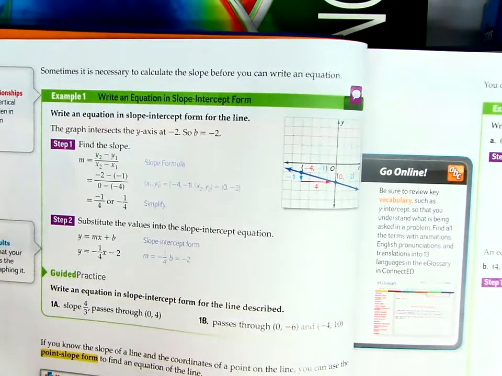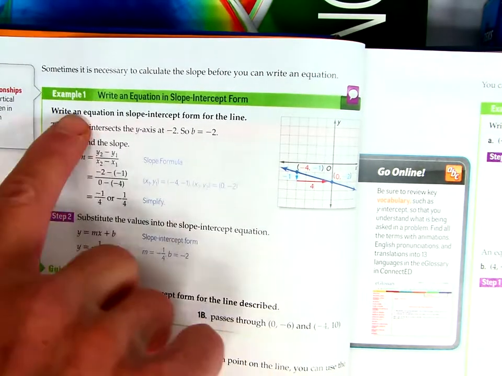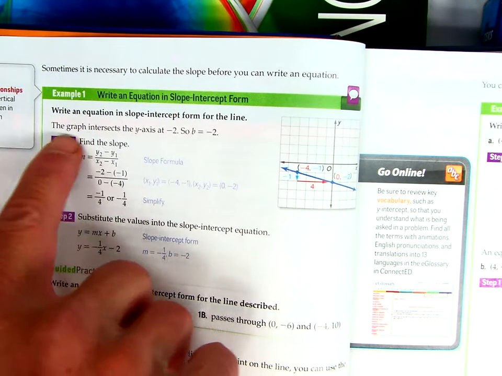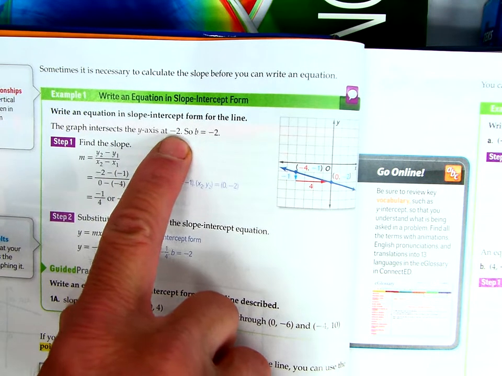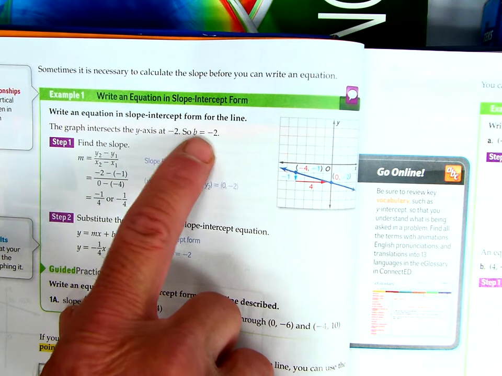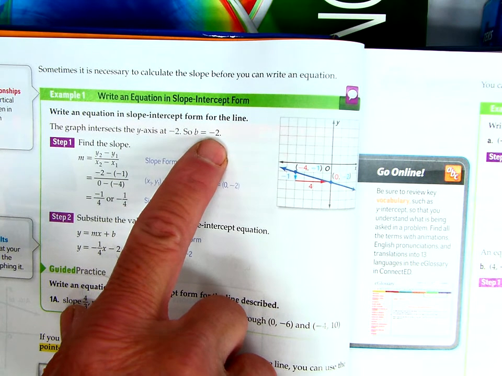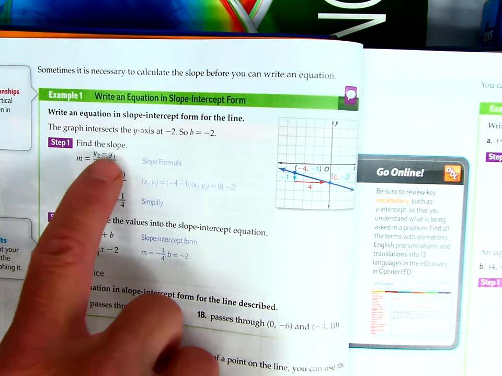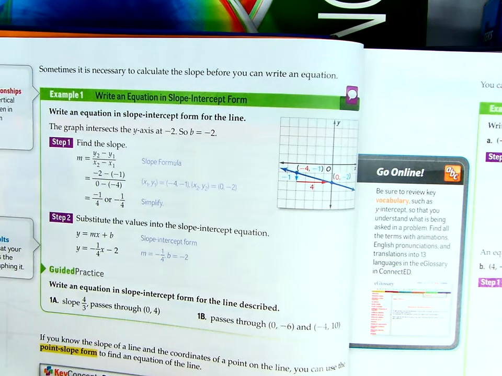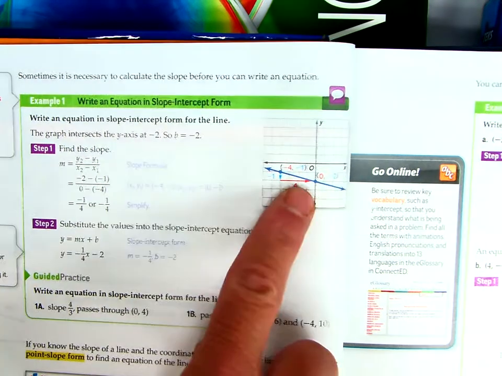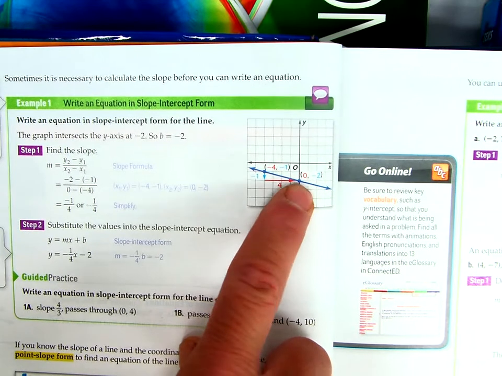Writing an equation in slope-intercept form. Example 1. The graph intersects the y-axis at -2. So b equals -2. Find the slope. Here's the picture to use.